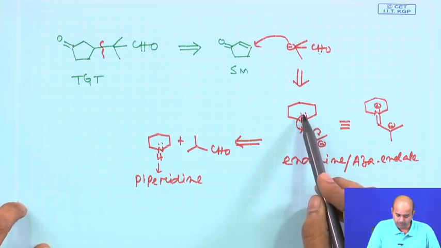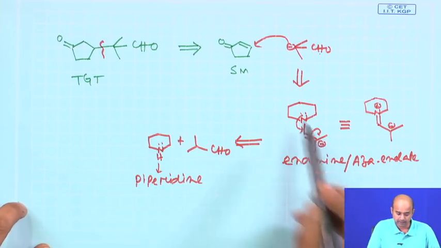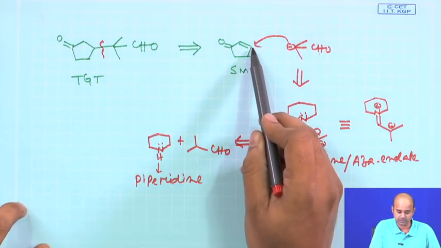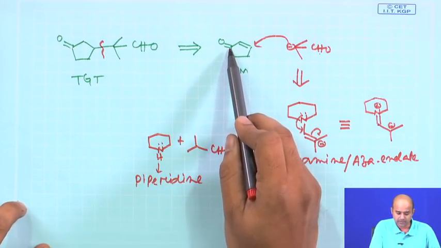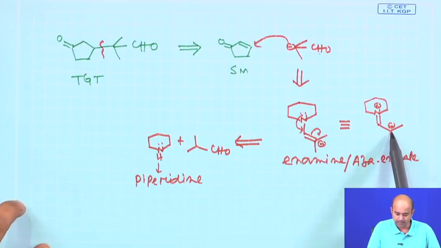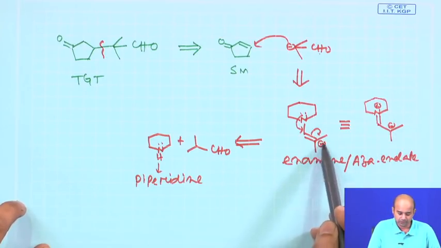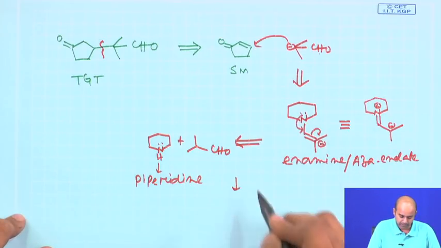Now, the lone pair of this enamine will make these things, this negative charge comes here. Now, this one will attack in a 1,4 fashion. Okay. Now, why will it not attack in the 1,2 fashion? Probably the steric crowding. This nucleophile is a pretty bad nucleophile, having two methyl groups here. So, it will attack in this fashion.